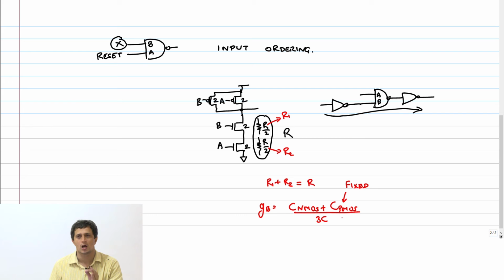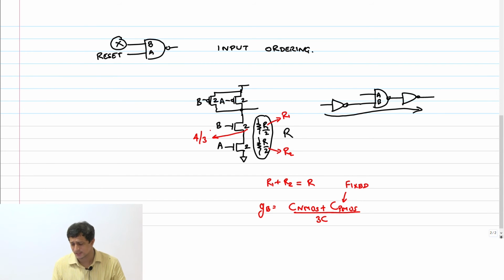The only thing I can do is now drop the capacitance of the NMOS transistor. So instead of 2, I'm going to make this sizing as, let's say, 4 by 3. Just some number. You can choose other numbers also. 4 by 3.